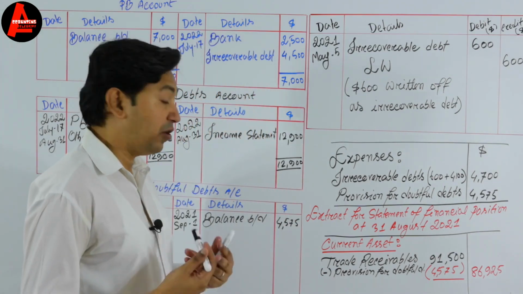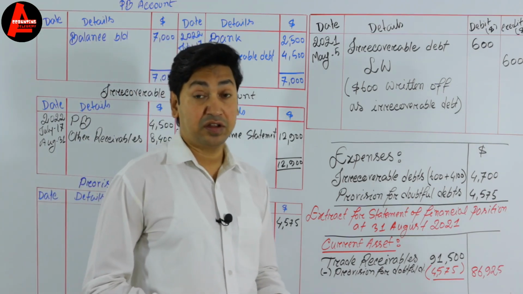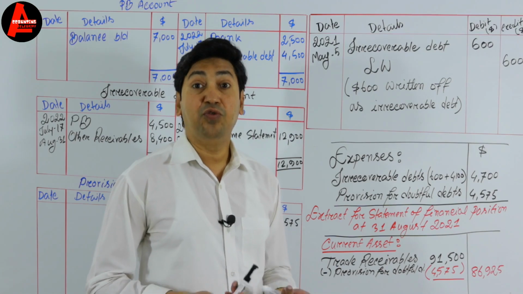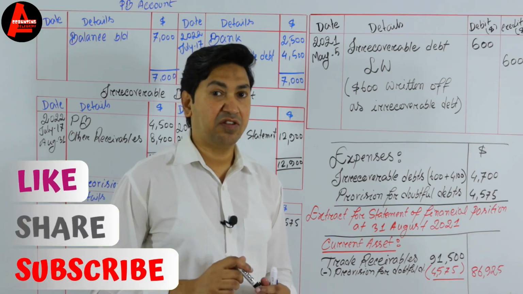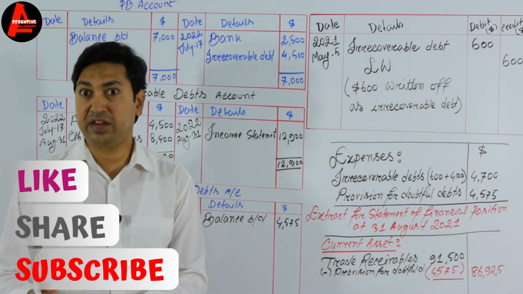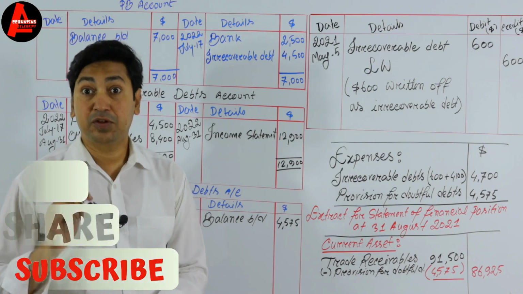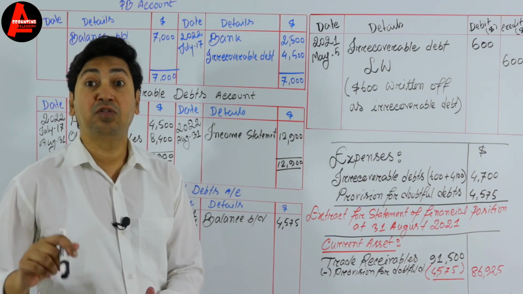So if we multiply $110,000 by 5%, we get $5,500. Very simple calculation. Okay, so this is the closing amount. So provision for doubtful debts on this closing amount will be the closing balance.